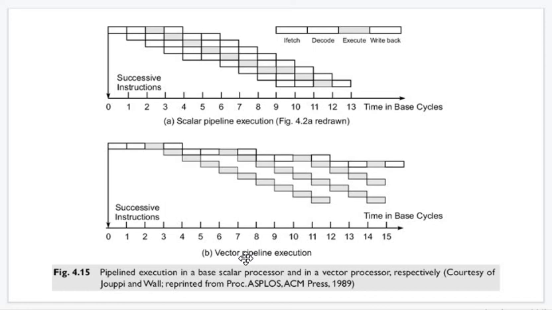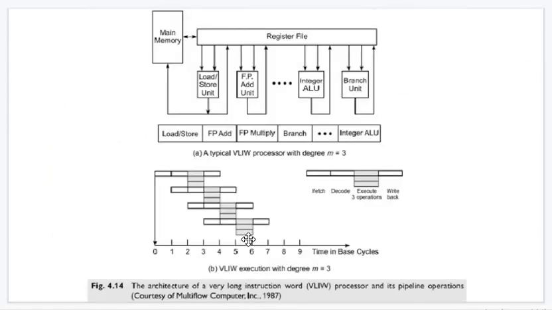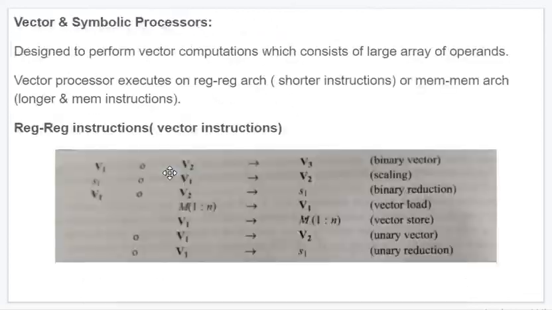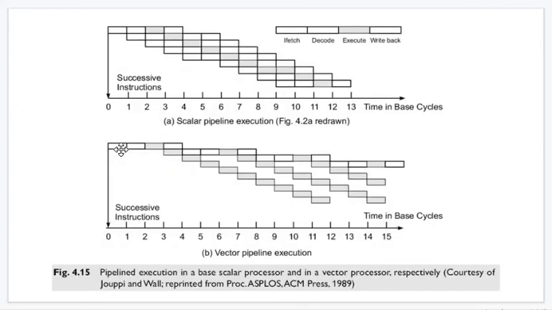Since it is a vector, a single fetch means multiple data fetched: A fetched, B fetched, C fetched, D fetched, like that. So here also one fetch means we have fetched many data. One decode means we have decoded all the data.